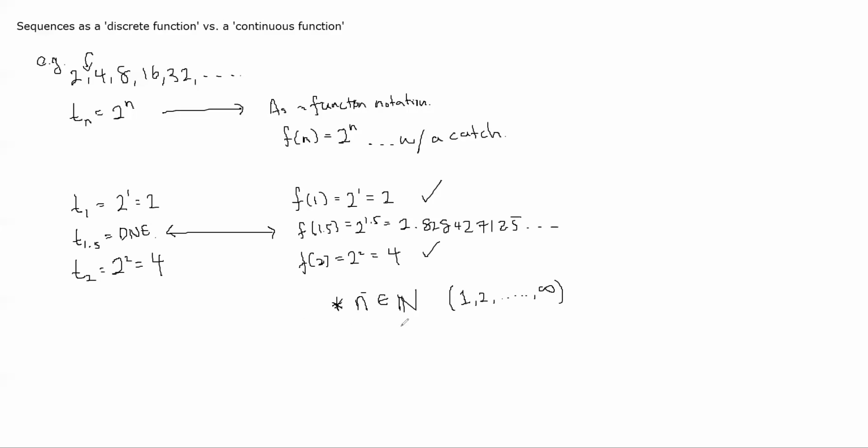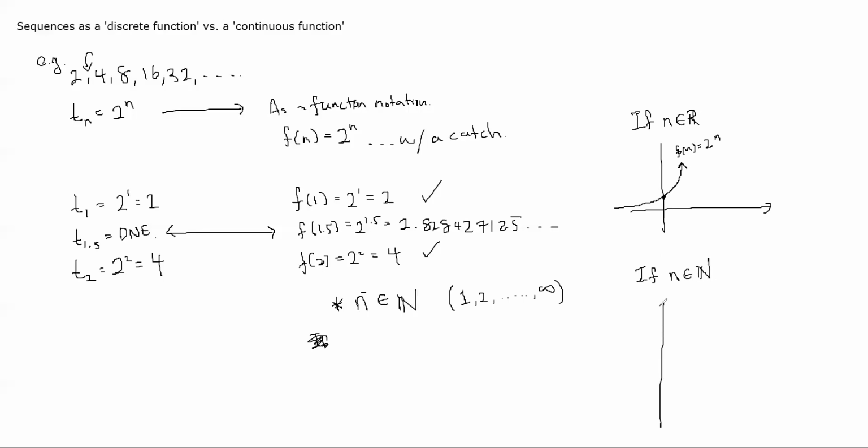If it was a continuous function, if n belonged to any real number, we would have f of n equals 2 to the power of n as an exponential function. But this belongs to natural numbers.